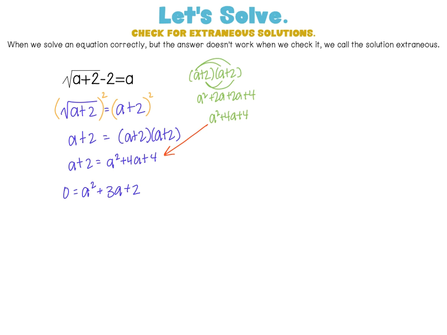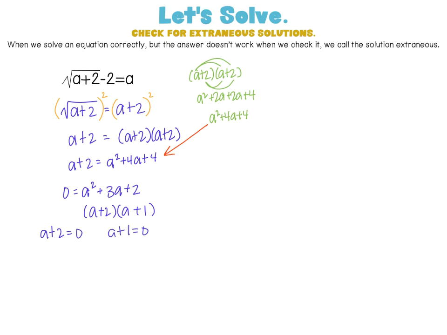Well, if you remember from your quadratics unit, you need to factor this. What two numbers multiply to 2 and add to 3? 2 and 1. So I've got a plus 2 and a plus 1. That's factored. In order to solve, I'll need to take each factor and set them equal to 0.